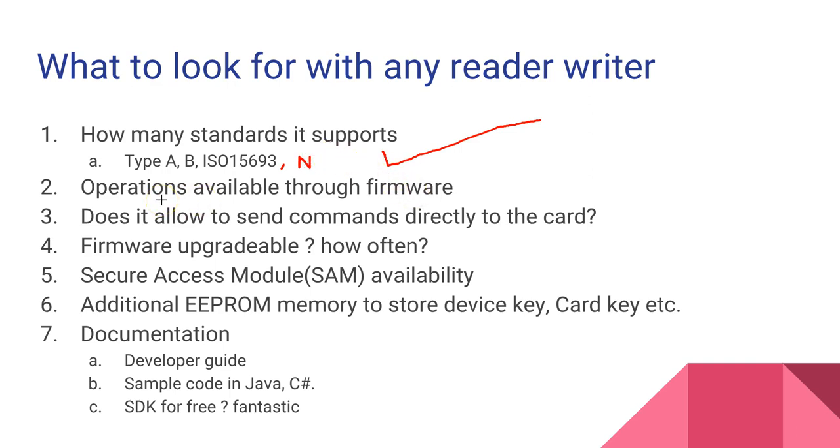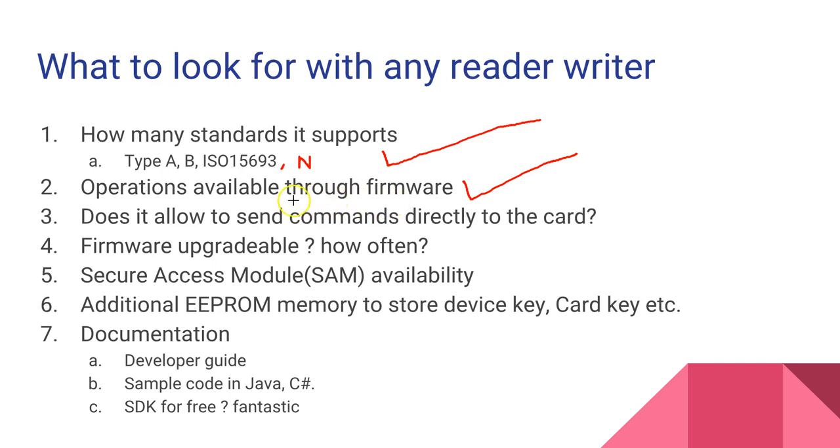Now you should also look at the developer's guide and see all the operations that you can do with the firmware. The main purpose of the firmware is to make programming easier.